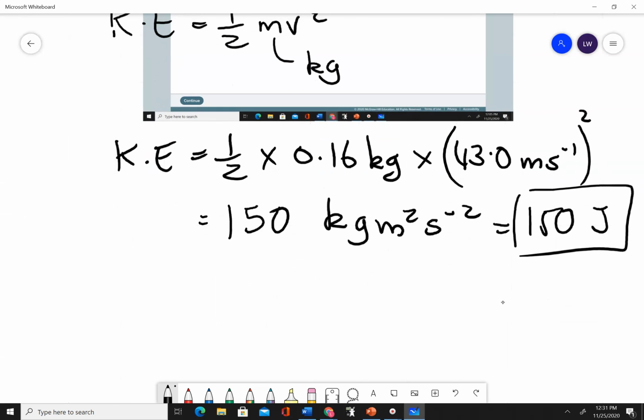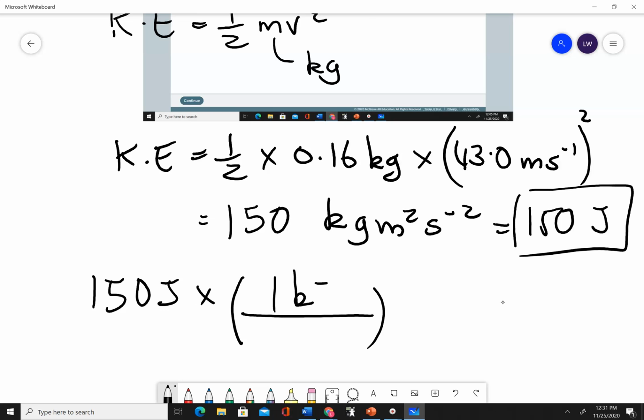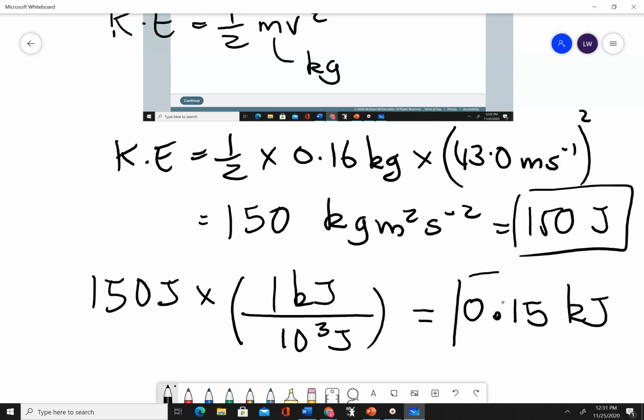So we've got to do one step further. 150 joules times, and 1 kilojoule is the same as 10 to the 3 joules. So that ends up being 0.15 kilojoules.